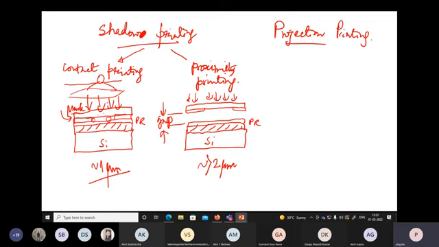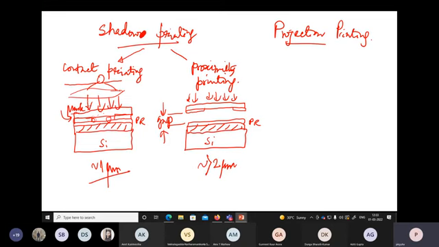If you use that contaminated mask for subsequent exposures, because you will use the same mask again and again, your device will not be proper, because wherever the dirt is attached, that part will be opaque to the UV light.